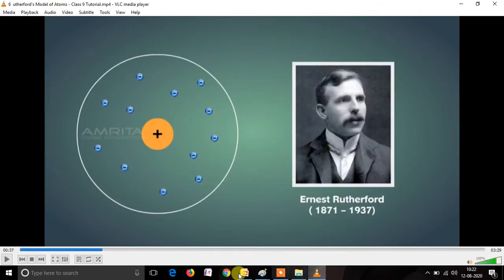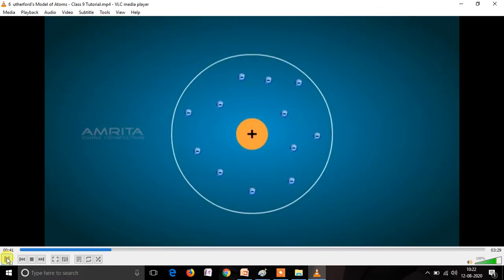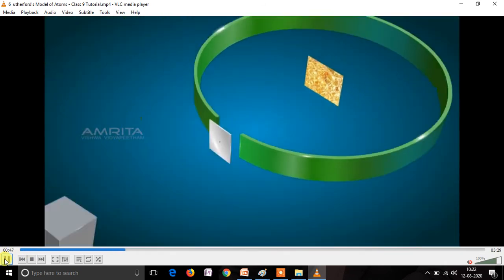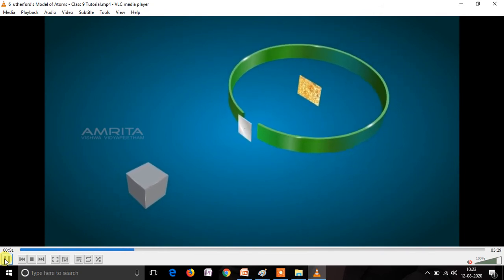So Ernest Rutherford decided to see the arrangement of electrons and protons in this experiment.